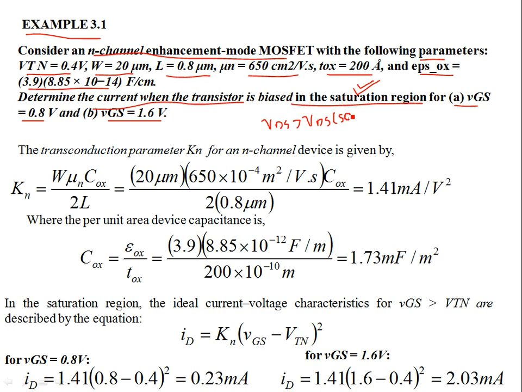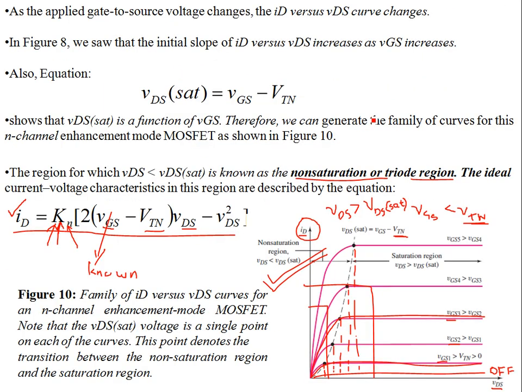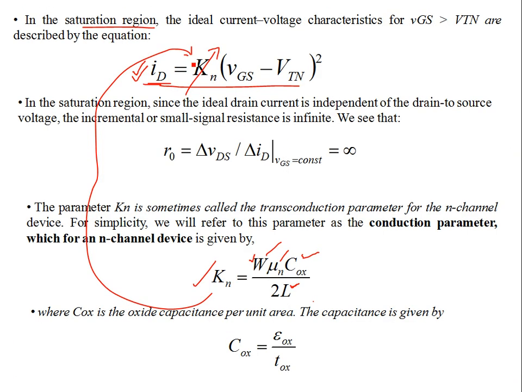So the solution to the current can be found two ways. One is you have the graph and you have the values, and for the given VDS value, you can just look it up from the graph. The other is to use analytical expression. So for this saturation region, since we have the geometrical and electrical parameters, we can find what Kn is.